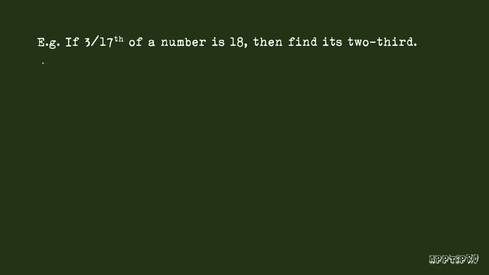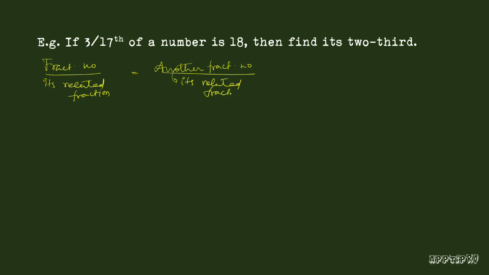So fractional part divided by its related fraction, which is equal to another fractional part divided by its related fraction, gives the original number.